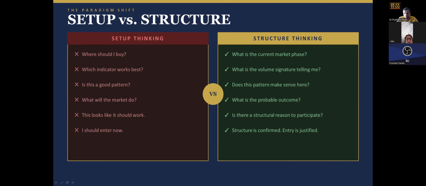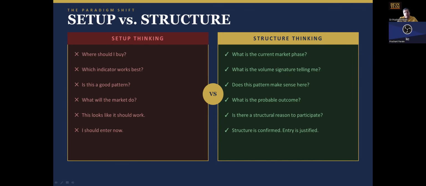Is it a mean reversion kind of thing? Or is it a trend following kind of thing? So what the market will do is not the question. What is the probable outcome? It has fallen so much. Is it likely to give a dead cat bounce, or is it likely to give a mean reversion kind of trade, or is the market going to reverse? This will help you understand, with structure, whether to take a trade with higher probability or lower probability.